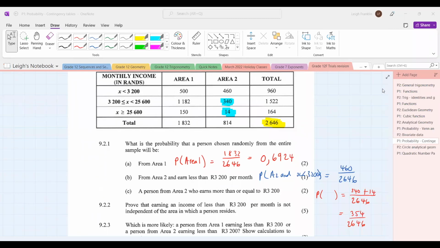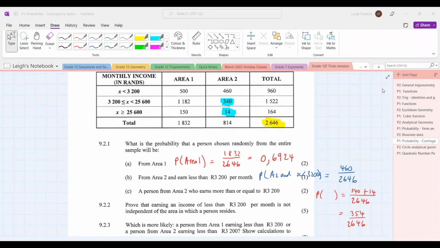So they want us to prove, now they're being very specific, that earning an income of less than 3,200 Rand a month is not independent of the area in which the person resides. Because they have directed us to a specific row, we have to work within that particular row.